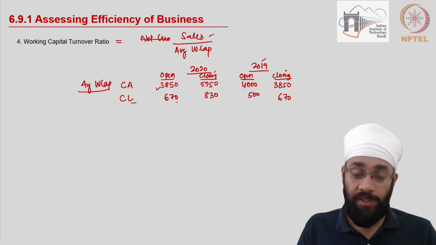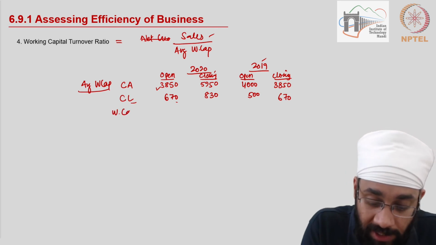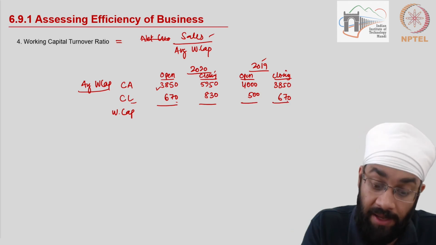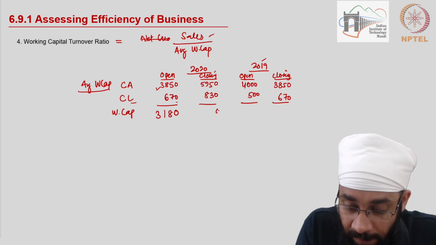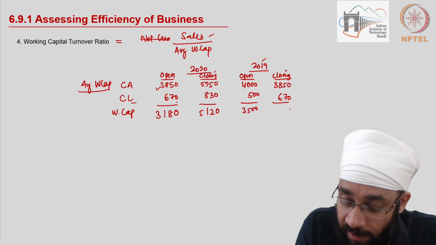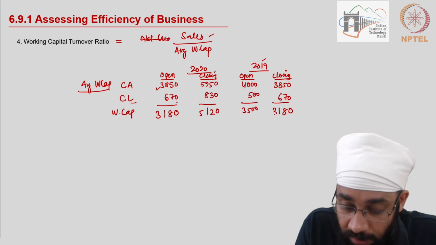So what we need to do is to figure out the working capital. Working capital, as we know, is the difference between current assets and current liabilities. So there you go.